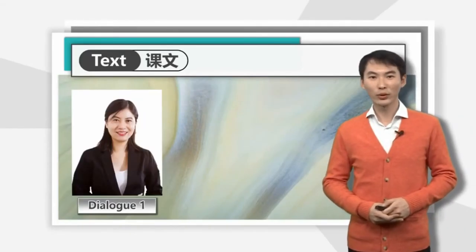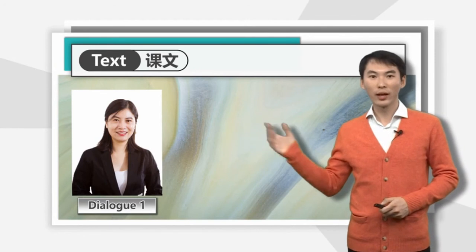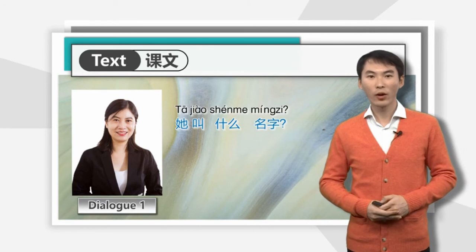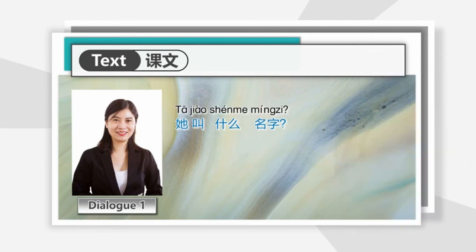Okay, let's come to the text. Look at the picture and listen to the dialogue. Answer this question. 他叫什么名字? 你叫什么名字? 我叫李月.